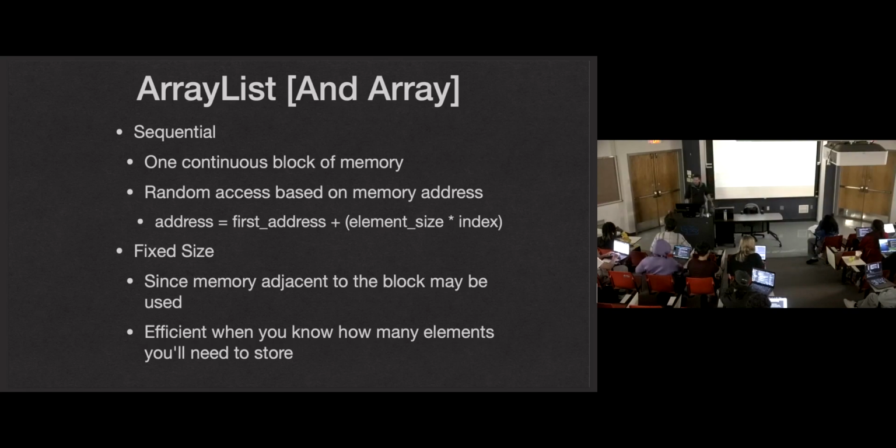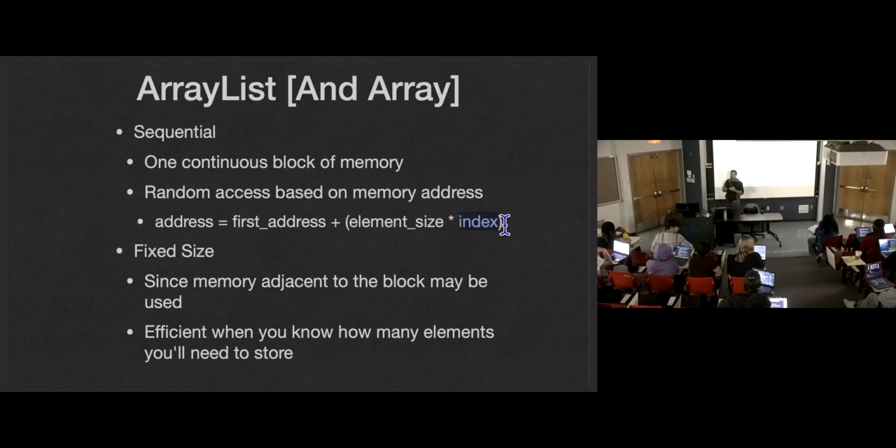With arrays, this really helps us out in finding a specific element at a specific index. When you ask for a value at a specific index, you can calculate exactly what memory address that value is located at, at least the first memory address of that location. We have the first memory address of the array itself.